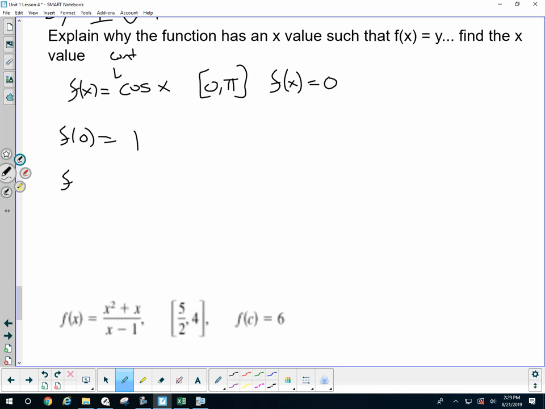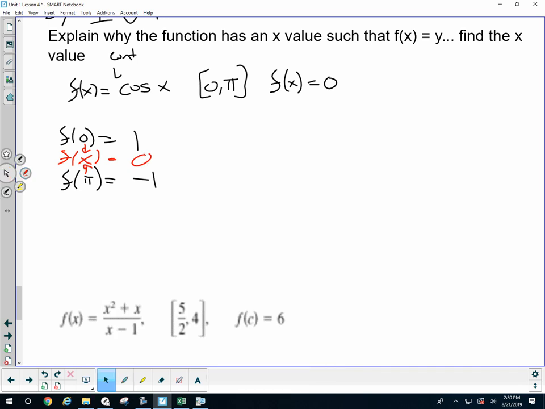F of pi, I know the cosine of pi is -1. So, since f of x is continuous, and we have the points (0, 1) and (pi, -1), there must exist some x value between 0 and pi such that f of that x value gives you 0.